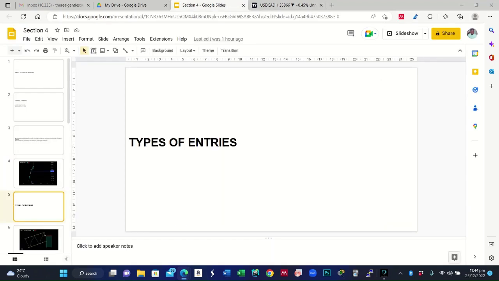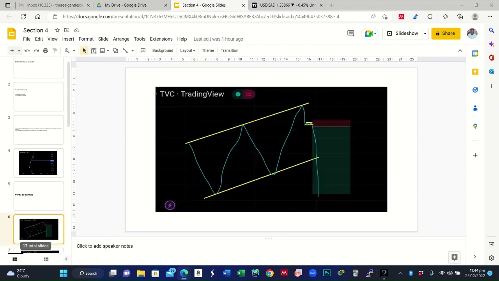Now, types of entries. There are various types of entries that you can use in the financial market, and I'm going to be taking you through some basic ones that won't be very difficult for you to understand. So this is one type of entry. Like I've said before, if you remember, this is an ascending channel.